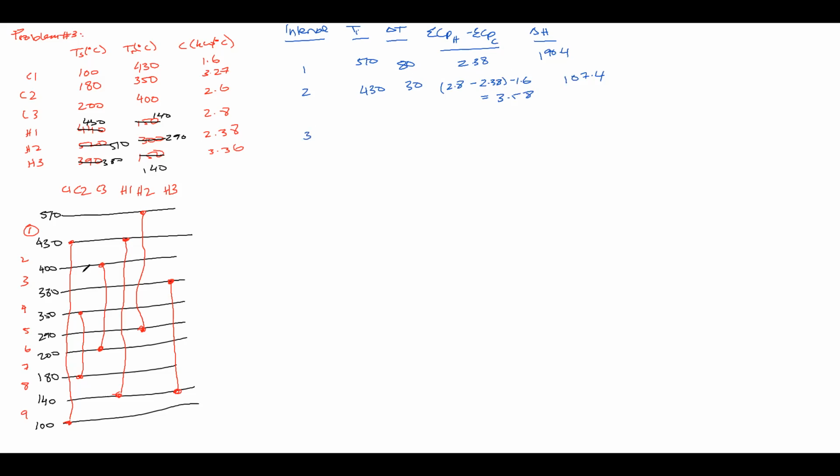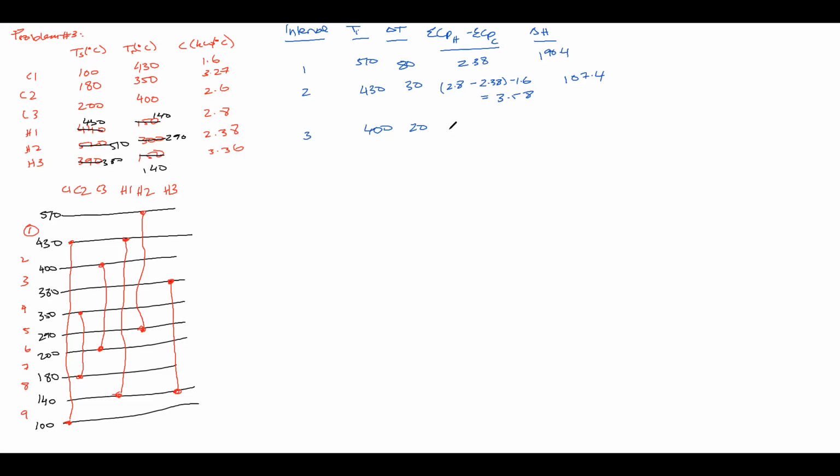Interval 3, and again 400 to 380, so the initial temperature is 400. The delta T in this case is 20. Summation of CP hot minus CP cold in this interval, I have two hot streams, H1 and H2.